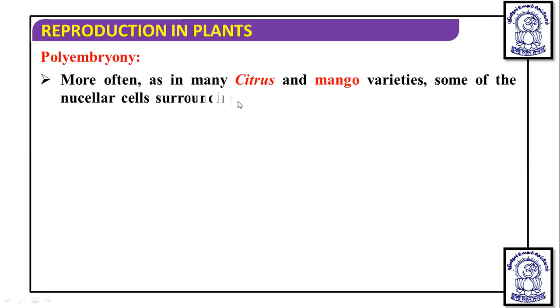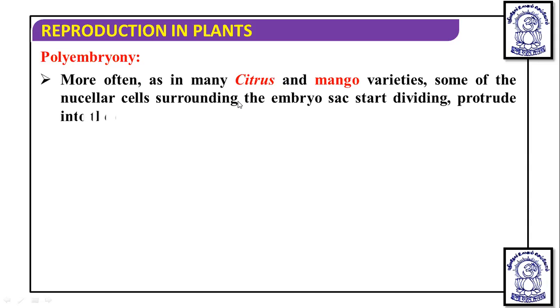More often, as in many citrus and mango varieties, some of the nucellar cells surrounding the embryo sac start dividing and protrude into the embryo sac and develop into embryos. We have studied adventive embryony: if the nucellus and integument form a direct embryo, it is known as adventive embryony or sporophytic budding. The same occurs in citrus and mango.